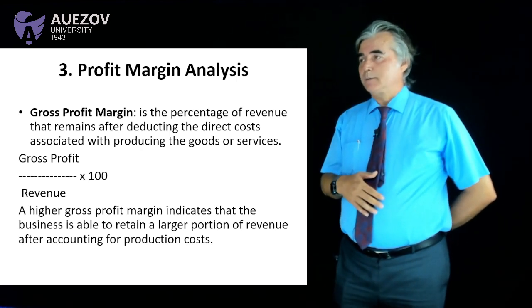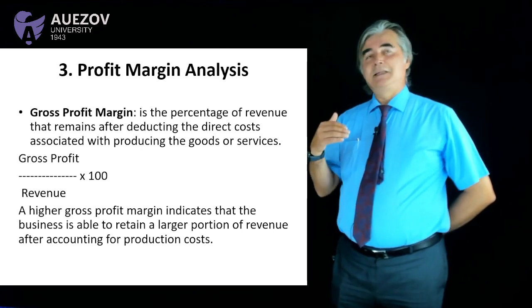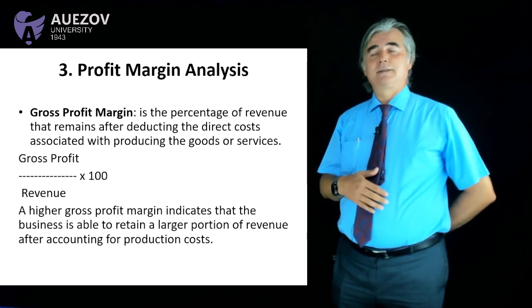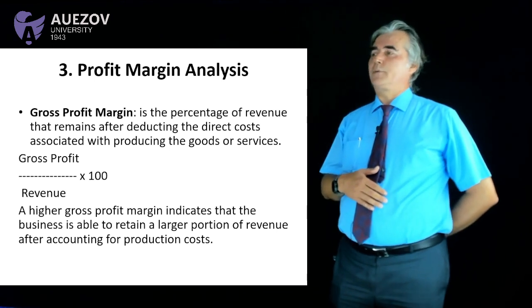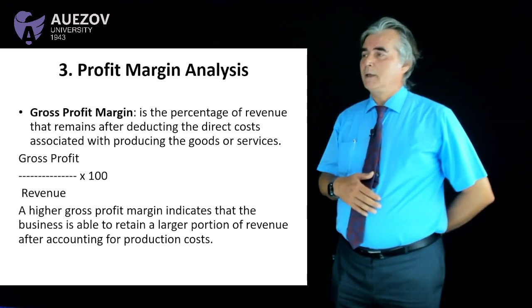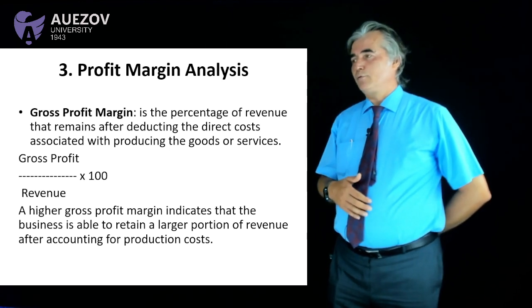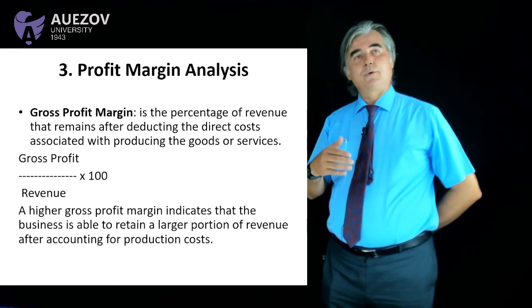It shows us the percentage of revenue that remains after deducting the direct costs associated with production, the goods and services. A higher gross profit margin shows us the business or farm is able to retain a large portion of revenue after accounting for production costs.